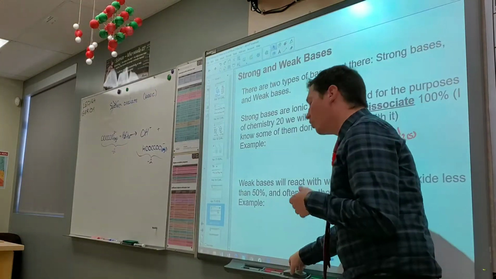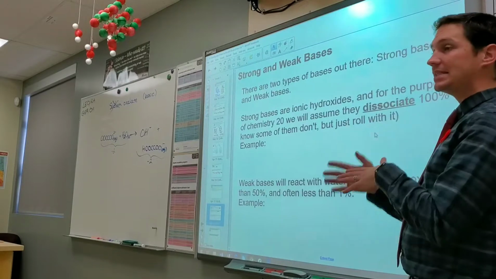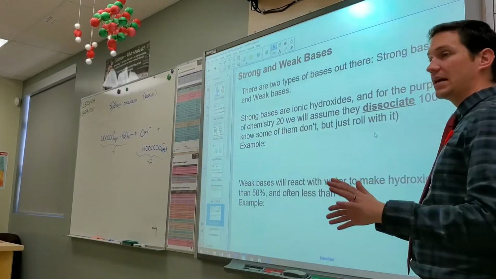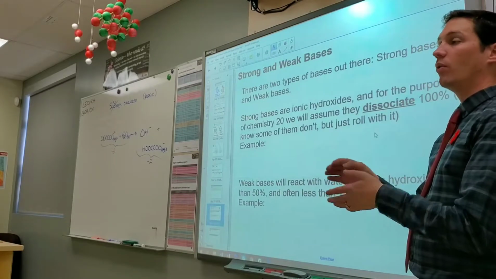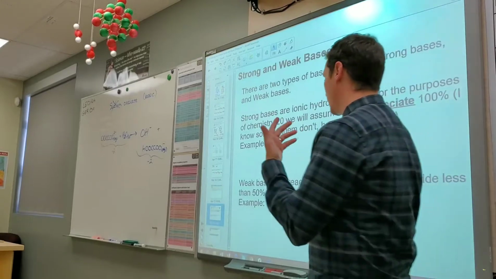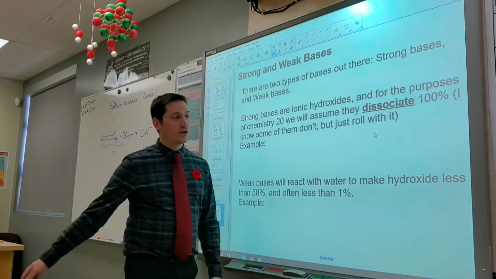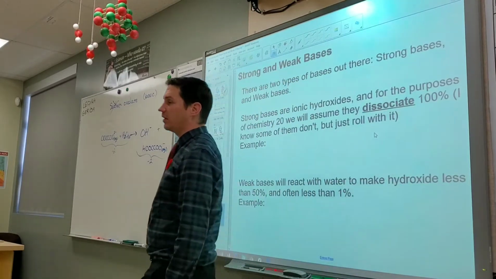So I'm trying to make you understand that all hydroxides are always strong bases, because you can just heat up the solution, dissolve more of it, and then once it all dissolves, it 100% makes hydroxide. So let's pick anything from group 1 or 2 typically.